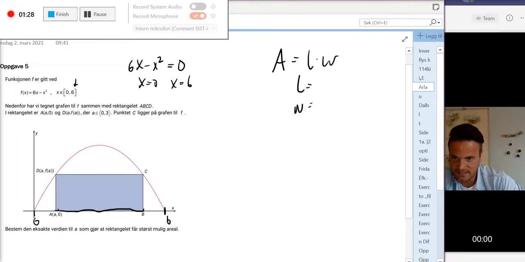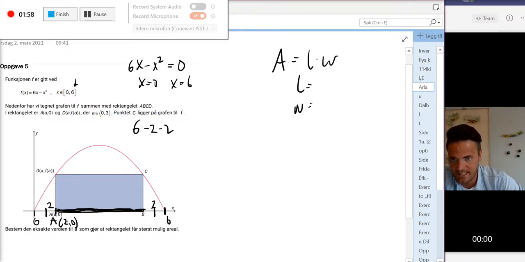The point is that this rectangle is put symmetrically under the graph, so this side is the same as this side, right? If a, for example, is the point 2, 0 here, then this will be 2, and this will be 2. So this thing here will be 6, the whole thing, minus 2 minus 2.